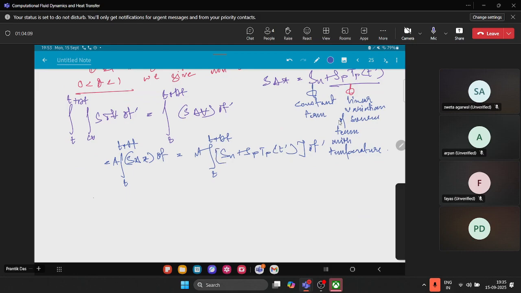Typically we can reduce it to A SU delta T plus A SP times the integral of TP dt prime, and then we can write it as A SU delta T plus A SP delta T times theta TP plus 1 minus theta TP naught. Is it clear to all of you?